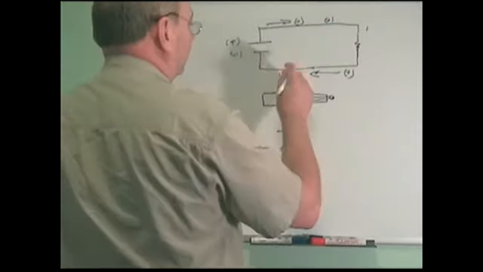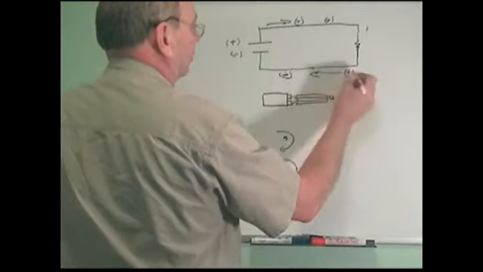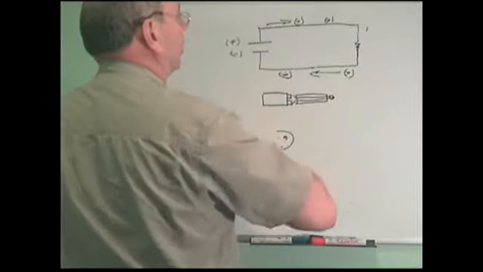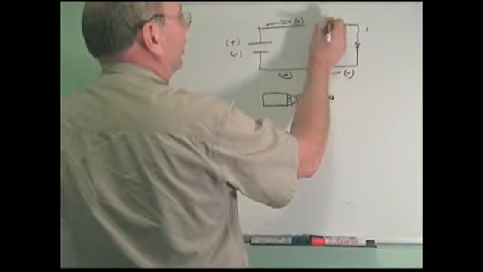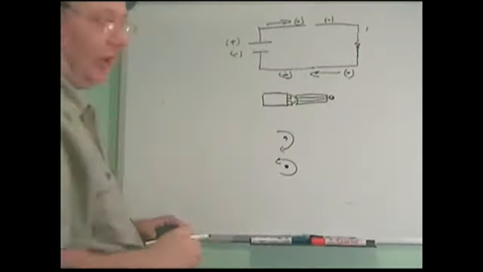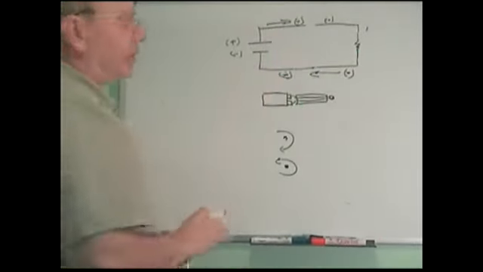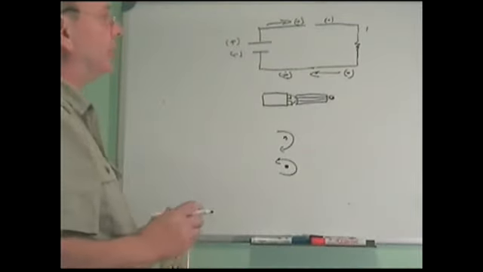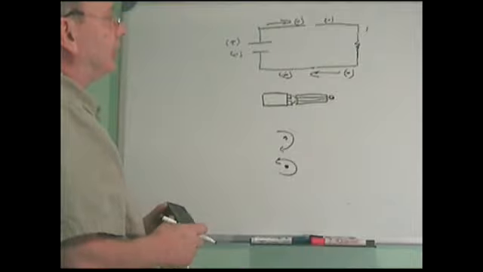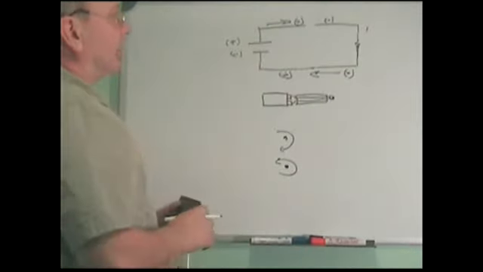Likewise, if we were to break the wire up here, we would have to call this negative, right? So once the circuit is closed, it's kind of arbitrary where you're calling positive and negative, because this is connected to the negative side.